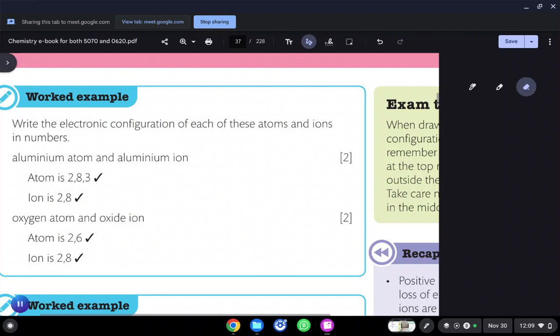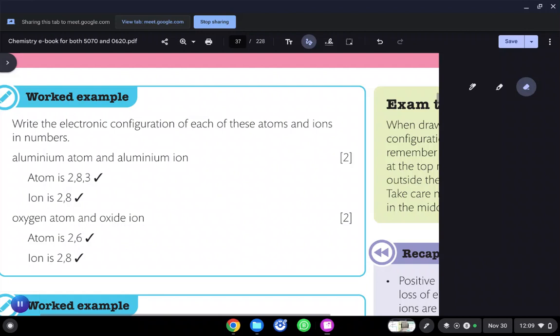To make itself stable, aluminium will lose its last shell electrons, that is 3 electrons. So the new configuration of the aluminium ion will be 2,8, and aluminium will carry 3 positive charge because it has lost 3 electrons. Similarly, in case of oxygen, how can we show the electronic configuration of the oxide ion?